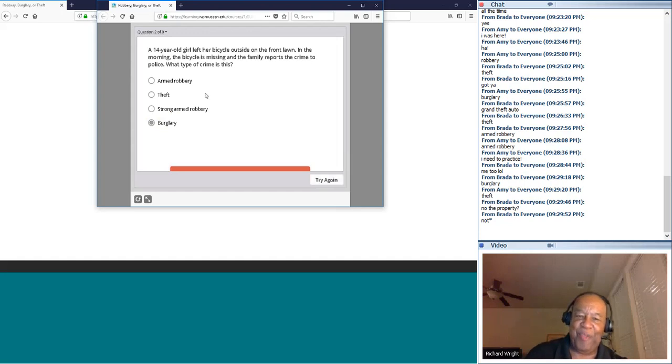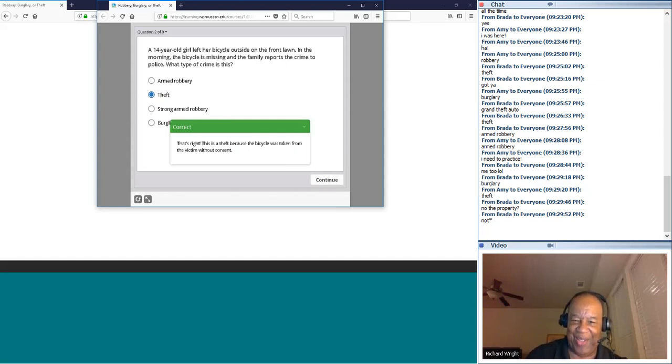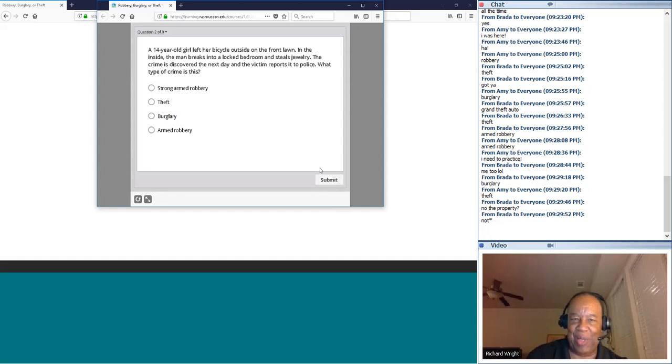So theft, yes, that's universal. However, burglary in some jurisdictions includes the yard, because it's on the front lawn. I'll try again. Without consent. So it depends. One last one.